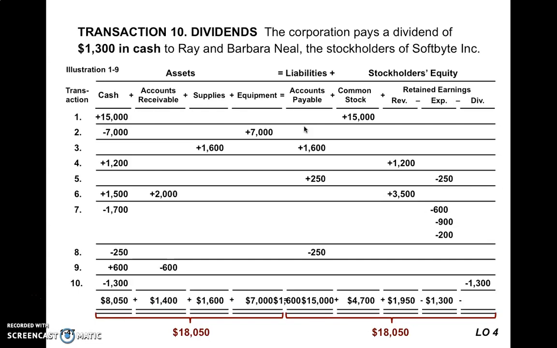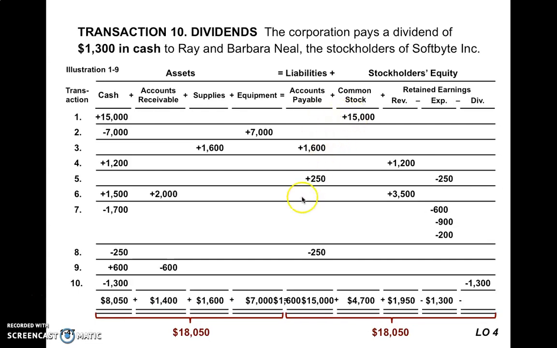So it shows at the end that the company has cash of $8,050, accounts receivable of $1,400, and $1,600 of supplies that as of now we assume we haven't used yet. We will come to chapter 3 when we have to show what happens when you use supplies.